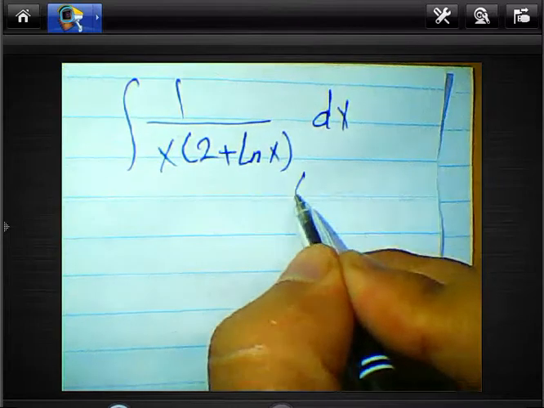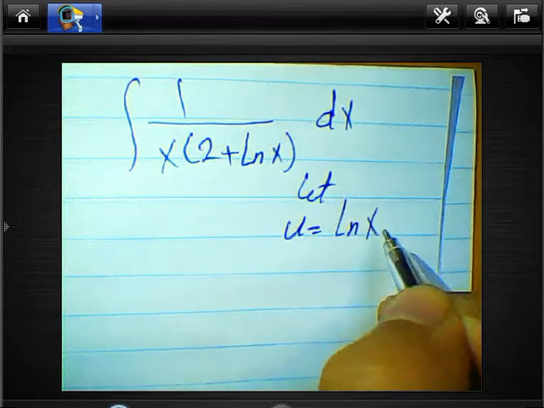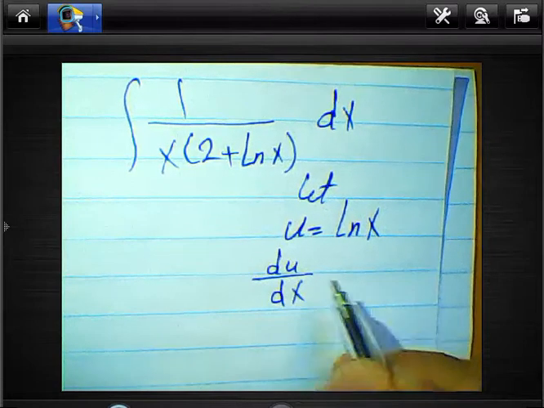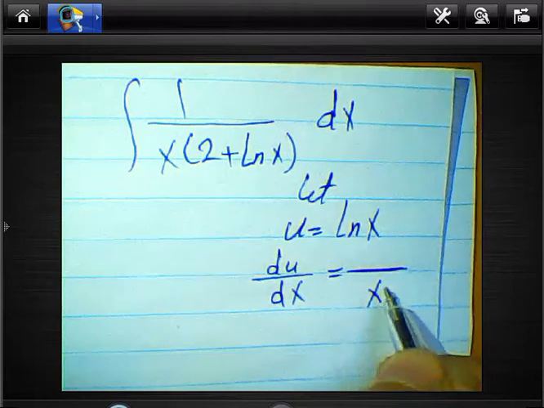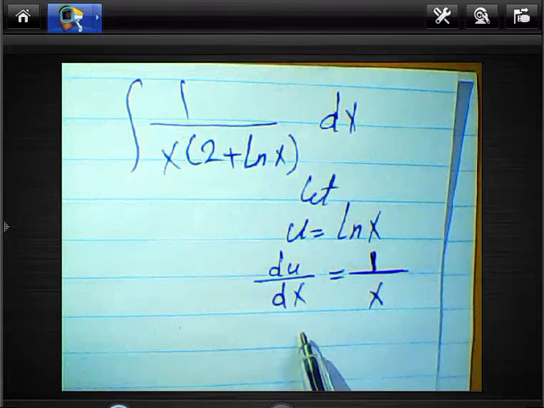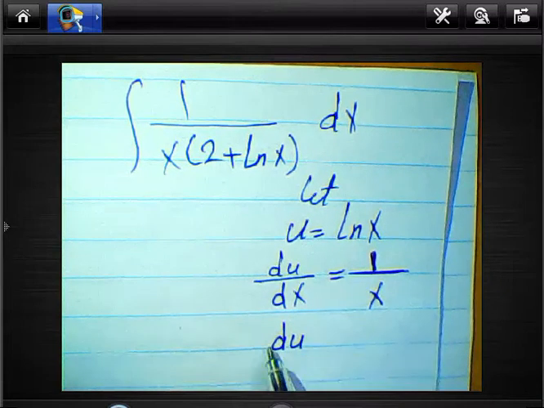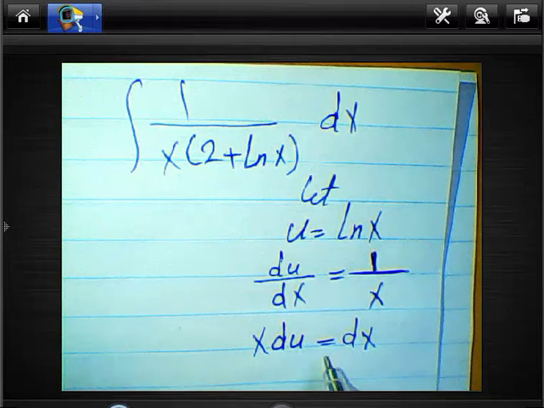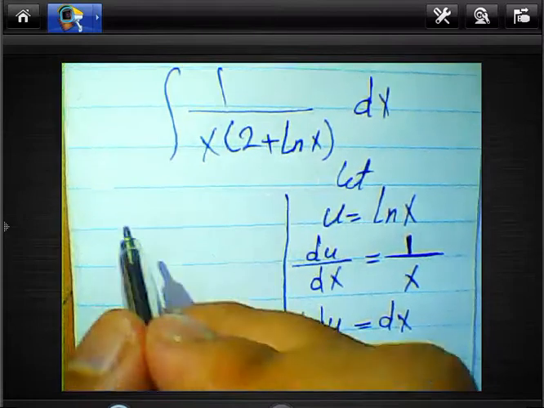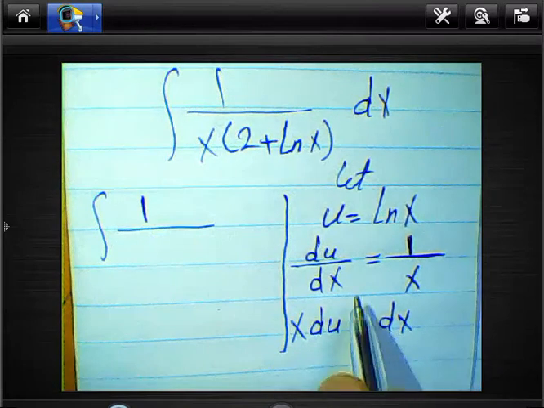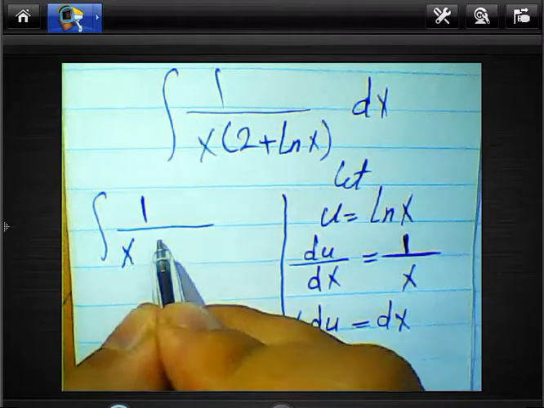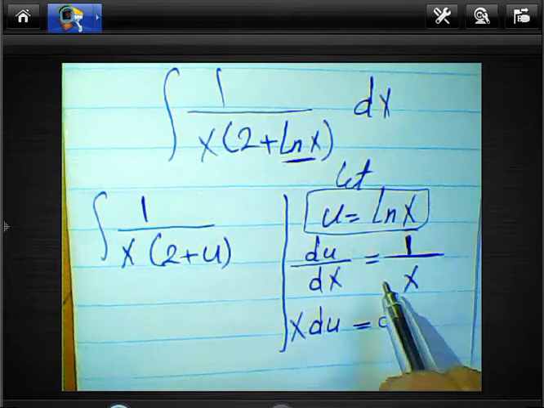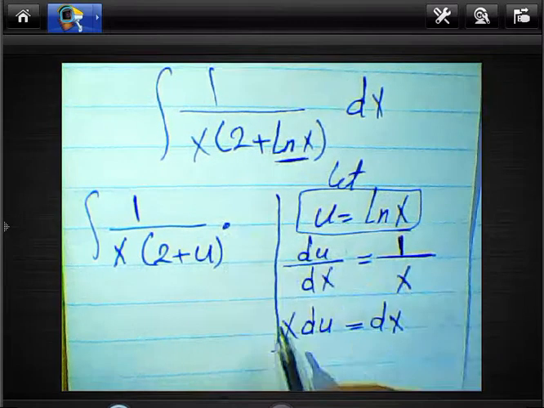In this example, let u equal ln x, and we can find the derivative: du over dx equals 1 over x, and we can write the result du multiplied by x equals dx. Then dx equals x du, and in this example we can put the integral of 1 over x, and 2 plus ln x, where ln x equals u, and dx equals x du.